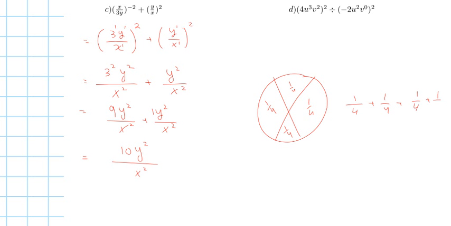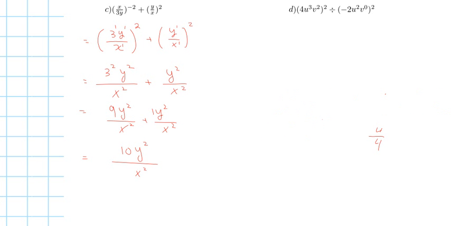That gives you 4 quarters. So you don't add your denominator. The denominator stays the same. You just add your numerator. Are we good with that?